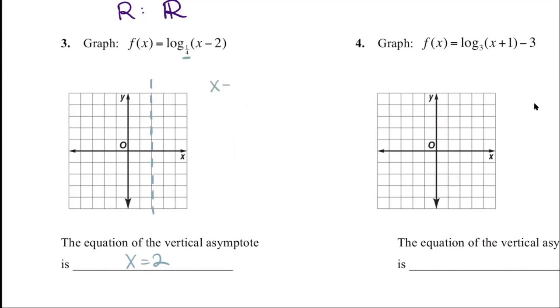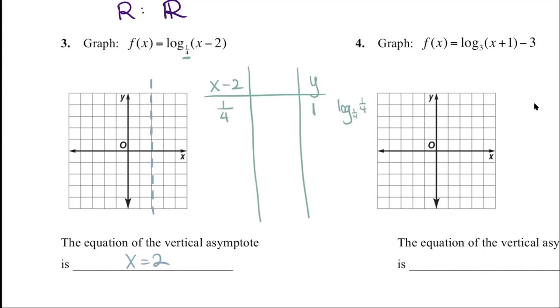Now, here's the thing. I want the whole thing inside to be equal to 1/4, right? Because that will give me a y of just 1, right? Because 1/4 to the 1 power will get me 1/4. So now what does x have to equal then?